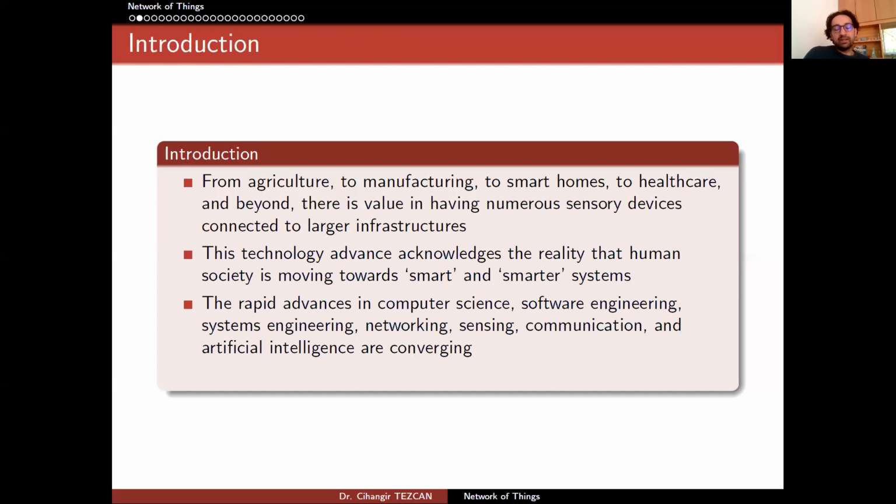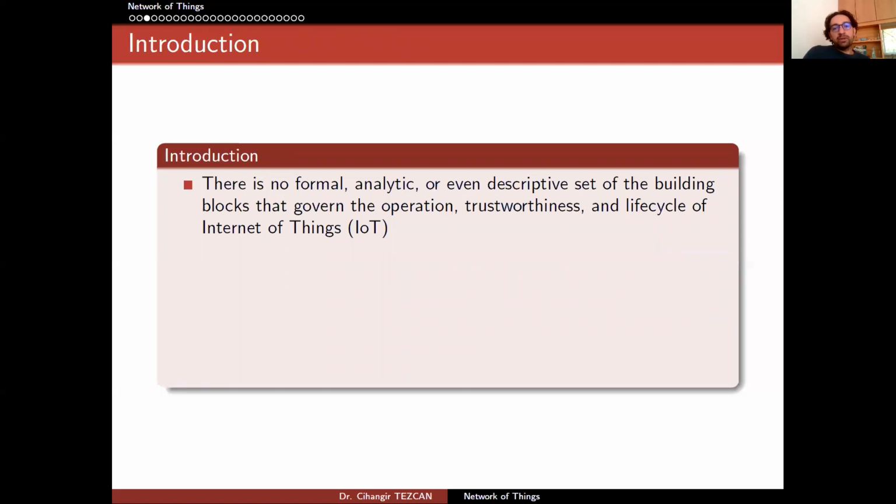This is actually the road that led us to the Internet of Things. And the tethering factor is data. There's no formal analytic or even descriptive set of building blocks that govern the operation, trustworthiness, and life cycle of Internet of Things. So this is actually the main problem that I mentioned at the beginning of this course.